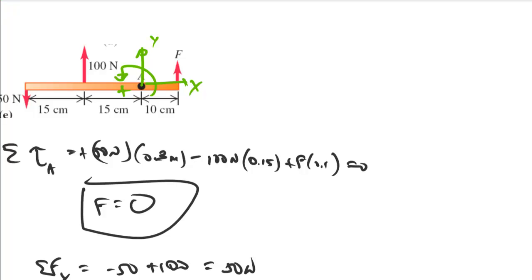We just take the magnitude of the force times the perpendicular distance between the force and the axis that we're taking the torque around, and then we just determine if that's going to be clockwise or counterclockwise. And positive is counterclockwise, negative is clockwise.